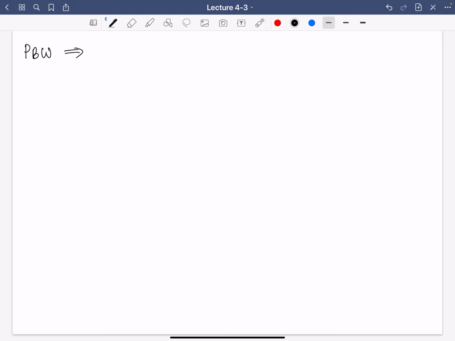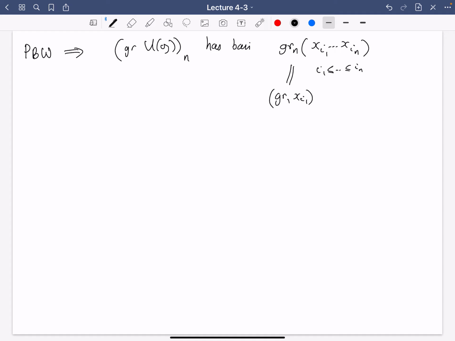The PBW basis as I stated it above implies that the degree n piece of the associated graded algebra has a basis coming from the ordered PBW monomials x_{i1} up to x_{in}, for i1 less than or equal to up to in in our order, namely the gr_n's of those. And just like for the first Weyl algebra, those are the same as gr_1 x_{i1} multiplied in the associated graded algebra up to gr_1 x_{in}.